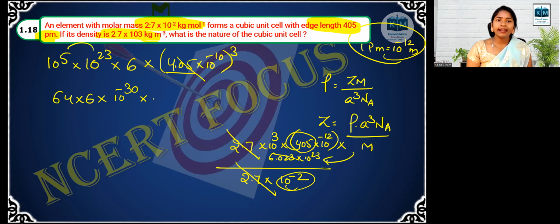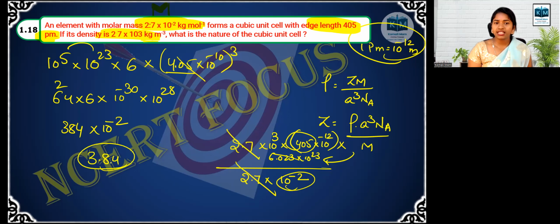Adding 10 power of 28, 6 4s are 24, 6 6s are 36, so 38 into 10 power of minus 2. Then it will be 3.84, the number of atoms, Z value, which is approximately equal to 4, which means that it is having FCC structure.